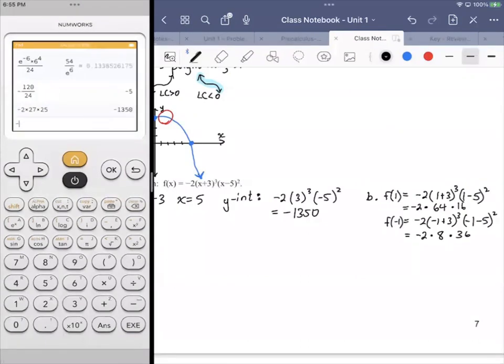Do it again. All right, so -2048 versus -576. So f of 1 is not equal to f of -1, and it's not opposite.